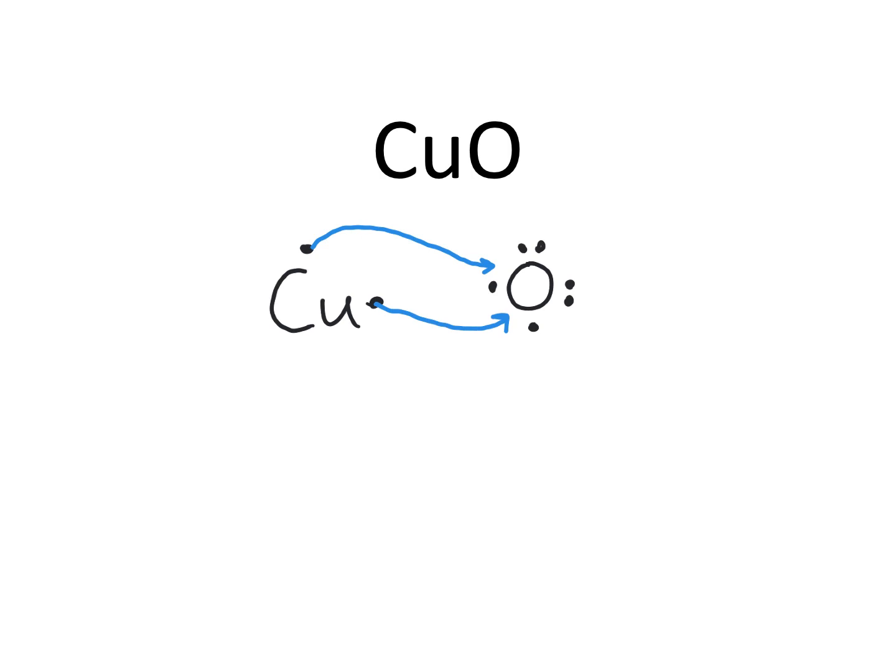And then at the very end, we'd have our little brackets, copper with a positive 2 charge, and oxygen with all 8 and its negative 2 charge. So there we go, that's what it would look like.